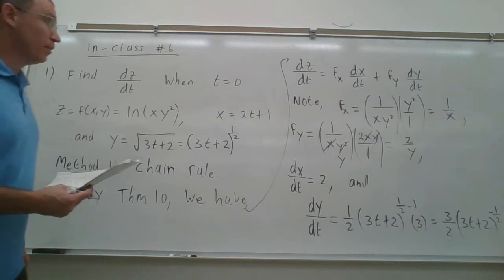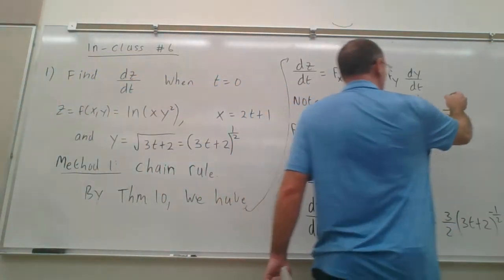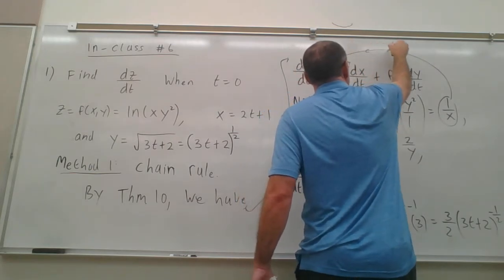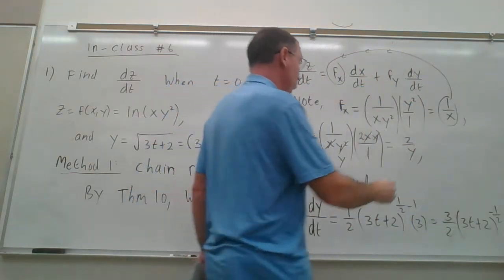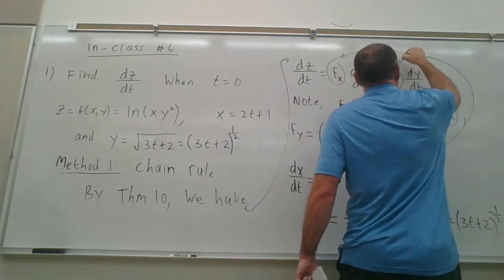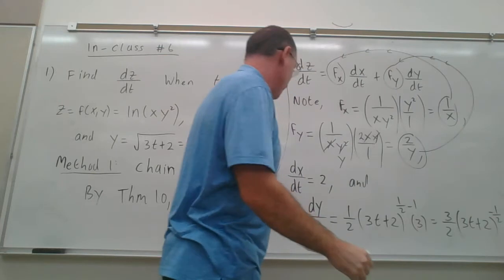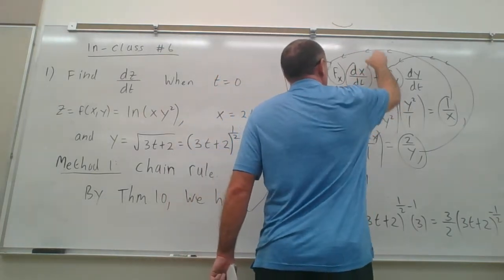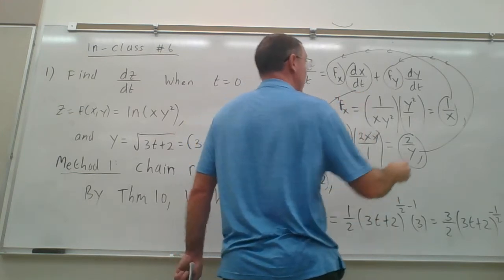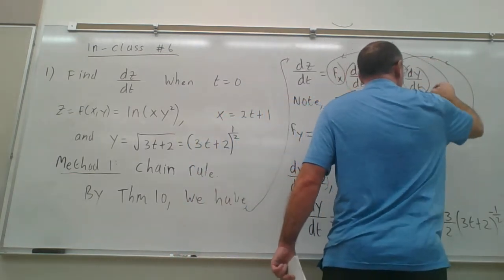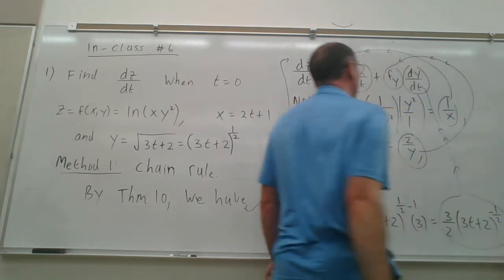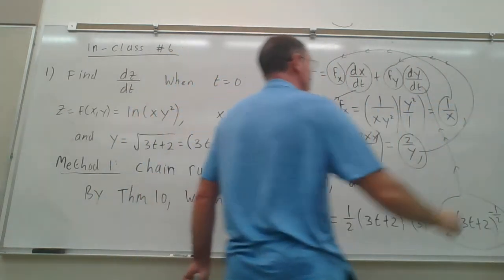Okay, so then in place of fx up here, we can substitute 1 over x. In place of fy, we can replace with the 2 over y. In place of dx dt, we can put 2. And in place of dy dt, we can put this guy. So making those substitutions, let's call it star.